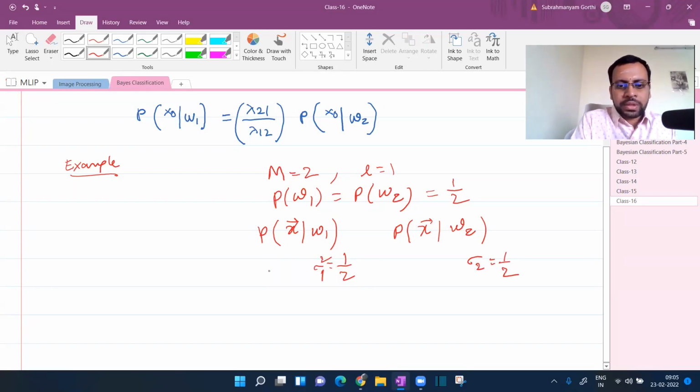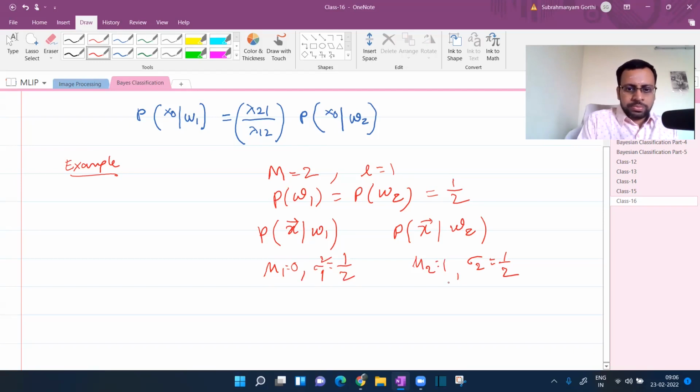Then let's consider this mu 1. This is centered at 0. The mean is at 0. For this mu 2, you consider this is centered at 1.